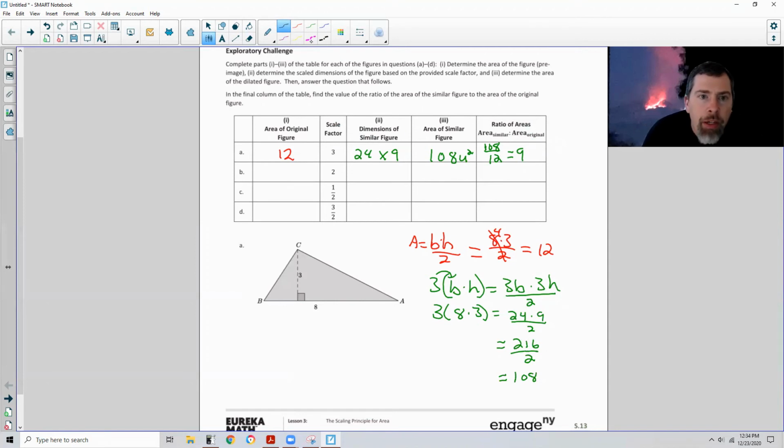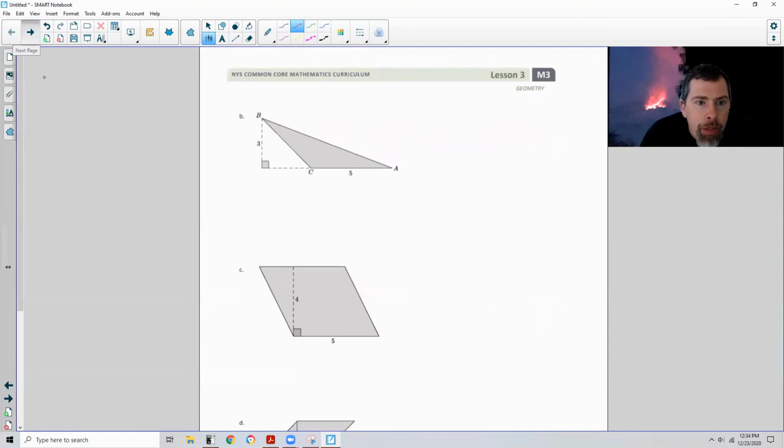All right, so here we go. Part B. B is this triangle right here. So area equals, I'll put the half in front this time so I don't forget it, 1/2 base times height. So the area of this triangle is 1/2, the base is 5, and the height is 3. Okay, when we have an obtuse triangle, this is how we do it.